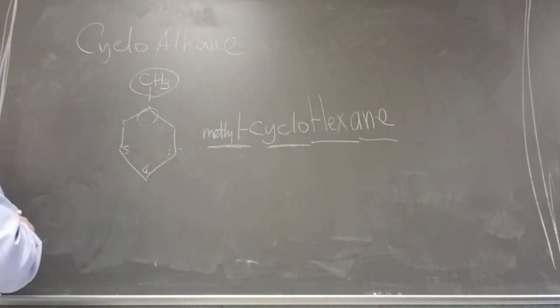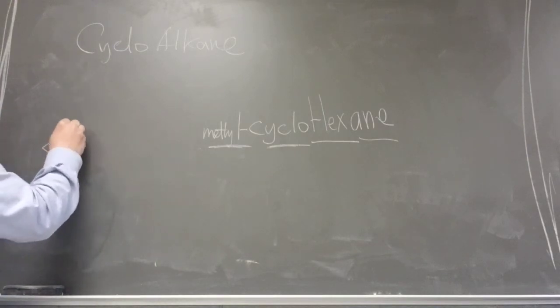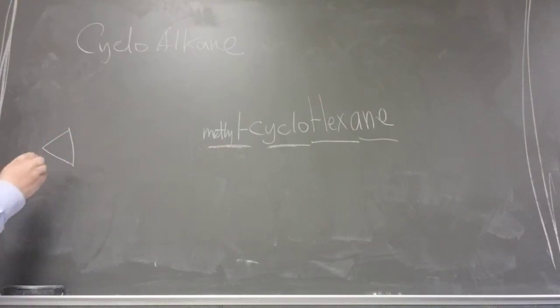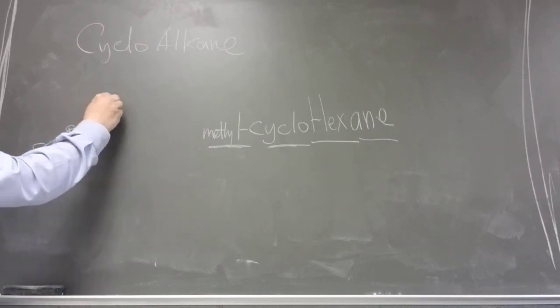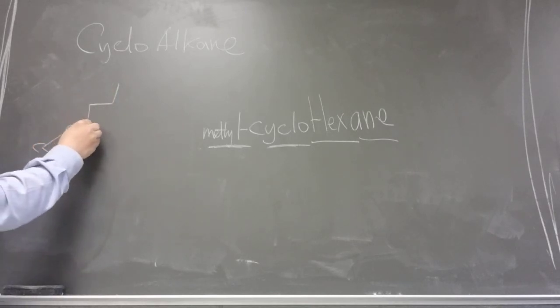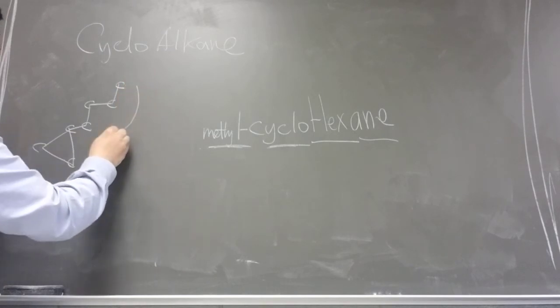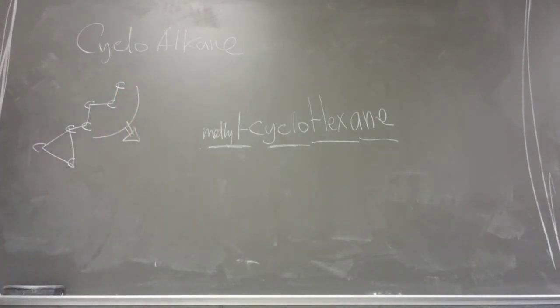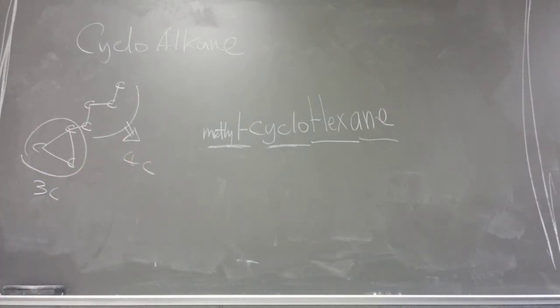Then, just one more before we do 2 substituting groups here. Sometimes this is quite interesting. If you have a ring structure here, which is 3 carbons, and you also have a substituting group, which is 4 carbons, your textbook says to make sure which one is more dominant.